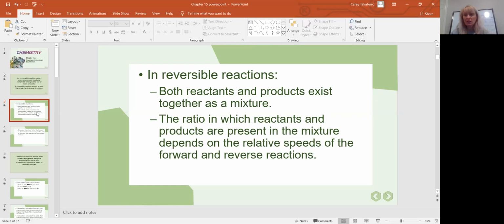So we're going to look at these in terms of ratios, and I'll get to those kinds of calculations in just a minute. But in reversible reactions, you have products and reactants in your container together as a mixture. And the ratio in which reactants and products are present in the mixture depends on how quickly these reactions proceed, both the forward reaction and the reverse reaction.